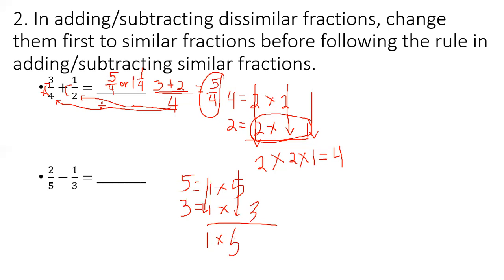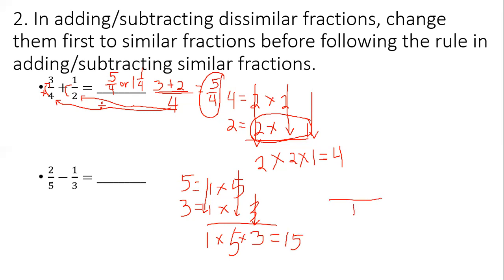1 times 5 times 3. We multiply everything. 1 times 5 times 3, that is equivalent to 15.